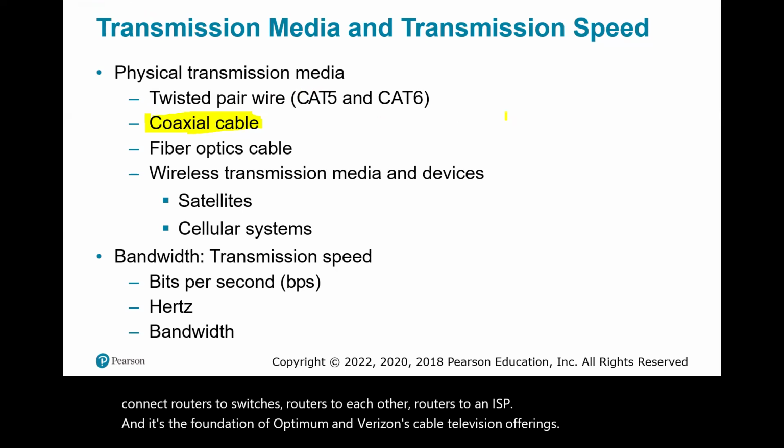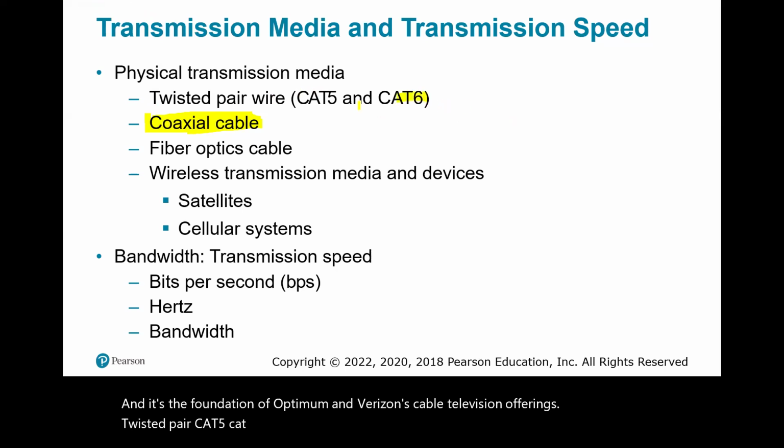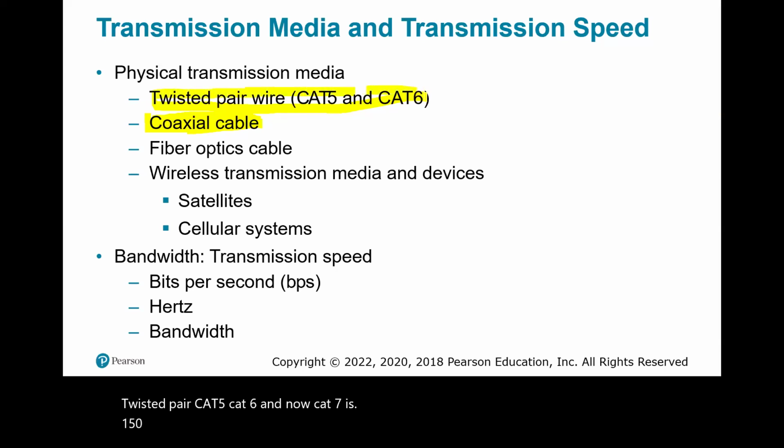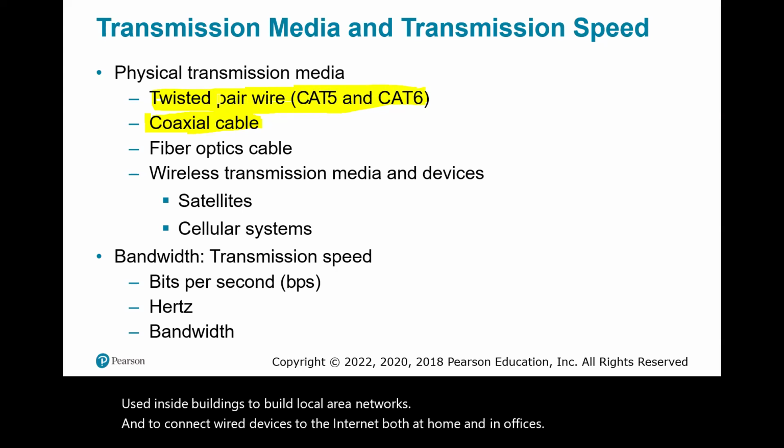Twisted pair, Cat 5, Cat 6, and now Cat 7, is a 150 meter length maximum cable used inside buildings to build local area networks and to connect wired devices to the internet, both at home and in offices. The name is what it is.